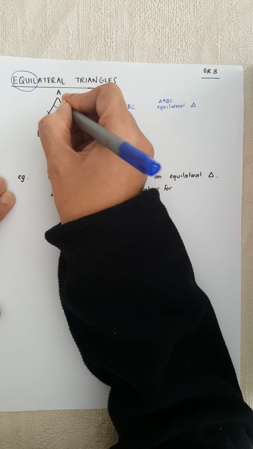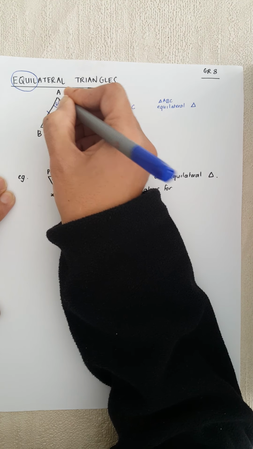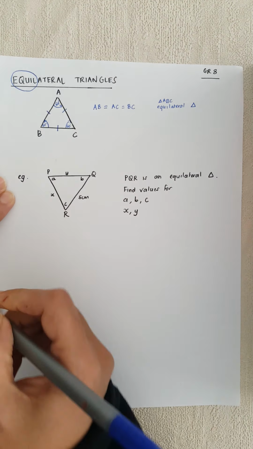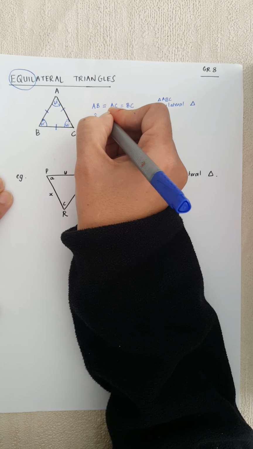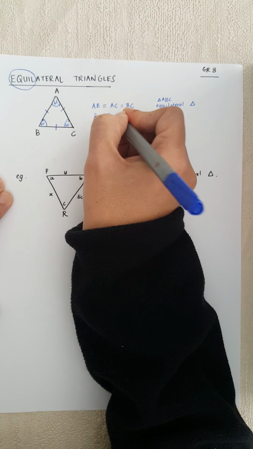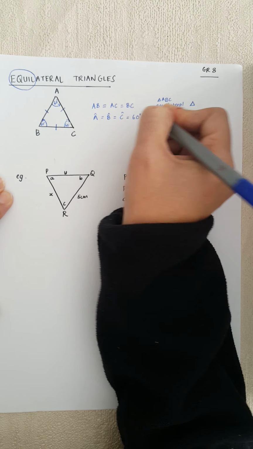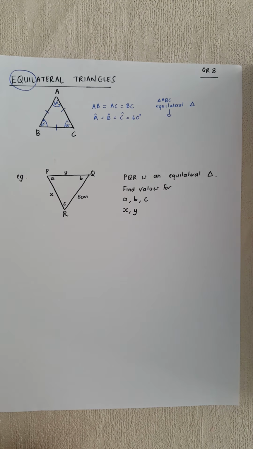All the angles are equal, and they all are equal to 60 degrees. 60 plus 60 plus 60 degrees. So angle A is equal to angle B, which is equal to angle C, which is equal to 60 degrees, and the reason is the same. Triangle ABC is an equilateral triangle.